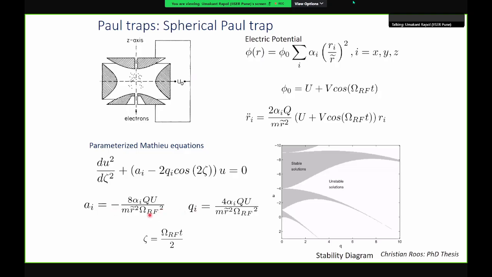These are parameters that are related to the DC potential, the amplitude of the AC potential, and also the frequency of the RF that you apply. Now, only certain parameters lead to stable solutions for this equation. If you plot these values of a and q, they give rise to such stable and unstable regions of the values of these parameters.